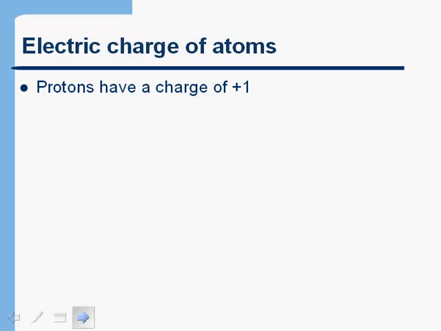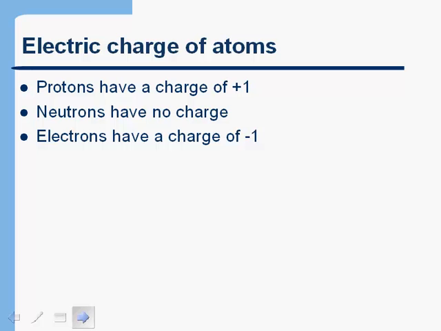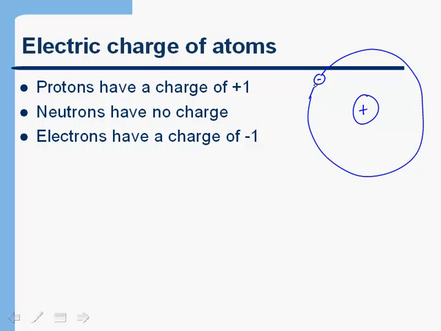If we look at the elementary particles or fundamental particles that we find inside the atom, we find that protons have a positive charge, neutrons have no charge at all, and electrons have a negative charge. And as you know, opposite charges are attracted to each other, and because the nucleus of the atom has overall a positive charge because of the protons in the nucleus, and the electrons have a negative charge, that's what keeps the atom together.